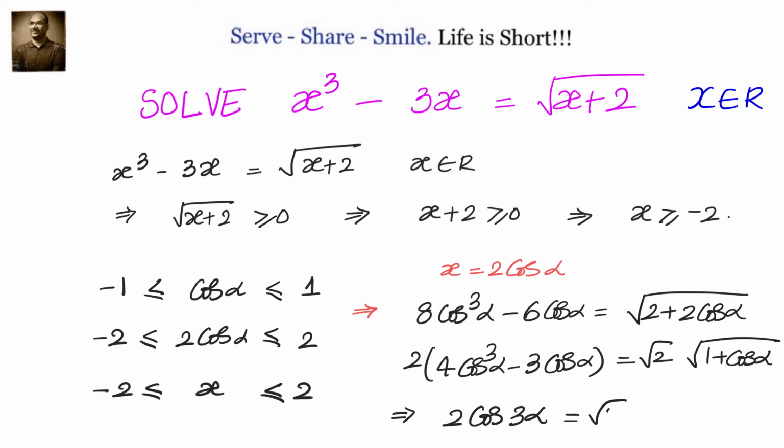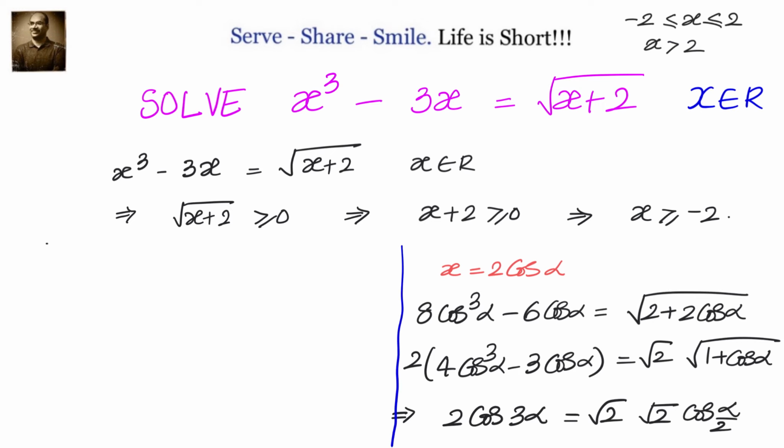Simplifying, we get 2 cos 3 alpha equals root 2 into cos alpha by 2. Cancelling 2, we have cos 3 alpha equals cos alpha by 2.